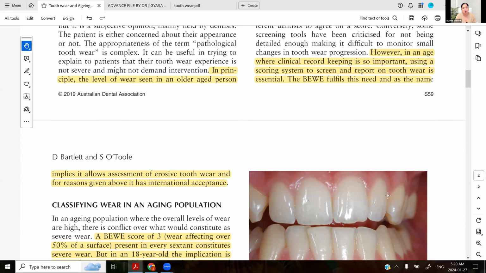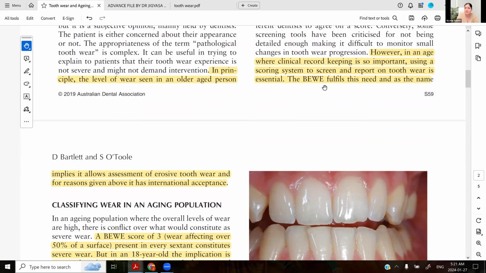The most important scoring system that is used to assess erosion is the Basic Erosive Wear Examination, right? BEWE. Do you all understand? It's the Basic Erosive Wear Examination. There is a criteria.